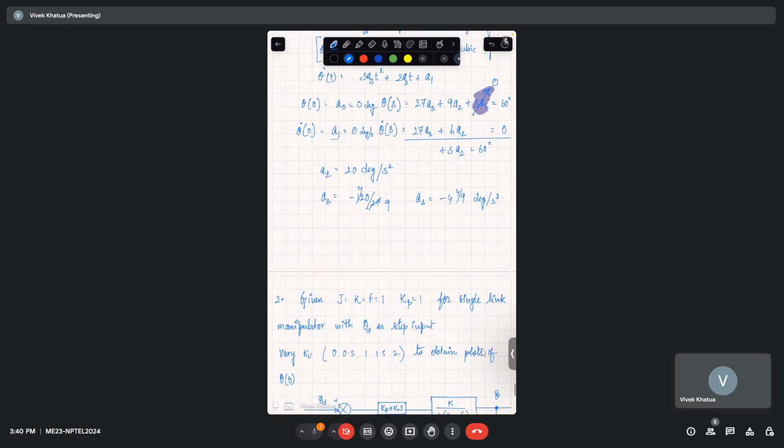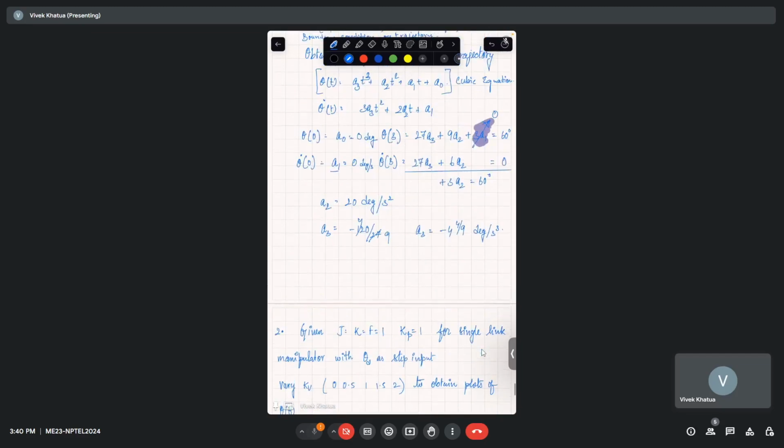So how does our equation look like? Theta of t is minus 4.4 by 9 t cube plus 20 t square, and there is nothing else, right? So you get theta dot. It's just repetitive, but I'm doing it nonetheless.